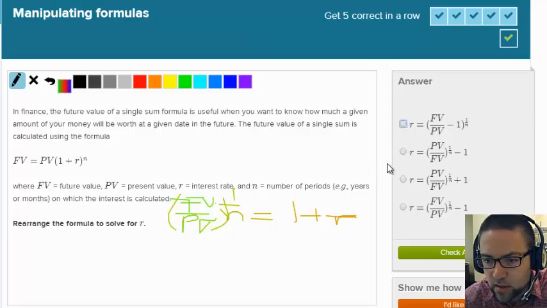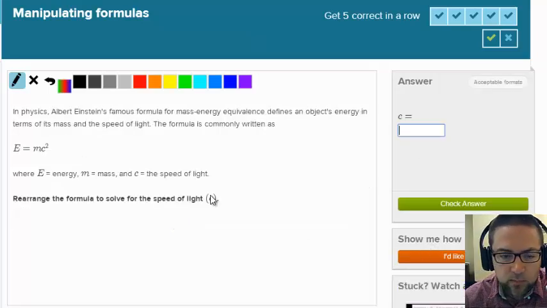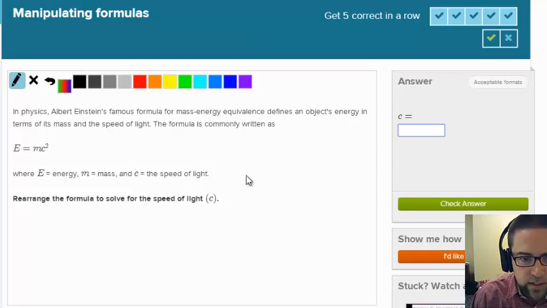So it looks like that one right there is the one I want. Oops. What did I do wrong? Oh, it's FV. That's PV or FV. So this is the correct answer. So make sure you check that before you answer.